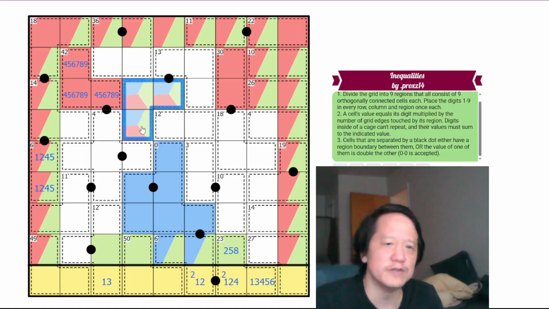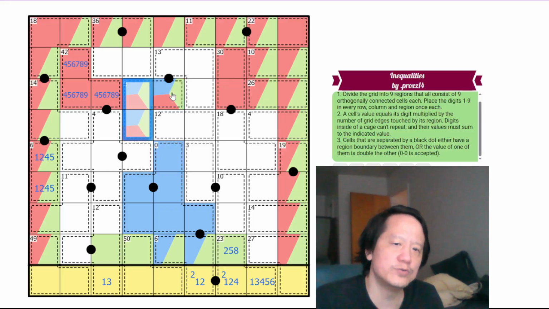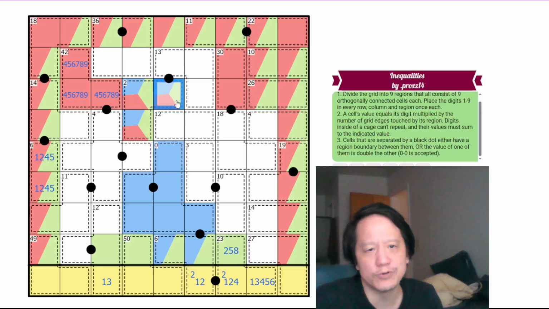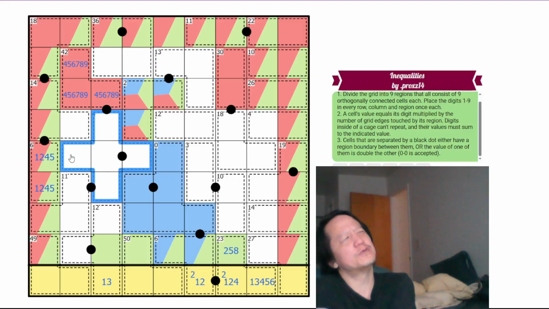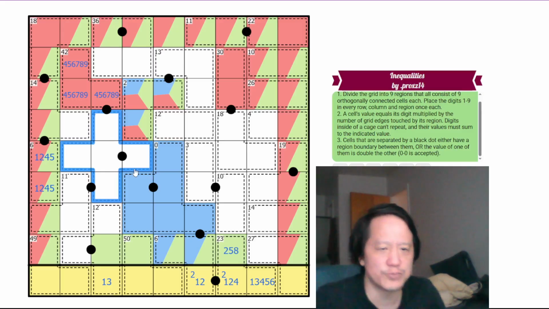So 2 of these have to be blue. 2 of these are at least blue, and then the other one is green or red. We're not sure which. This is 4. One of these is obviously blue. How many are blue? You can only have 2 digits at most, so that means at least 3 of these are blue.